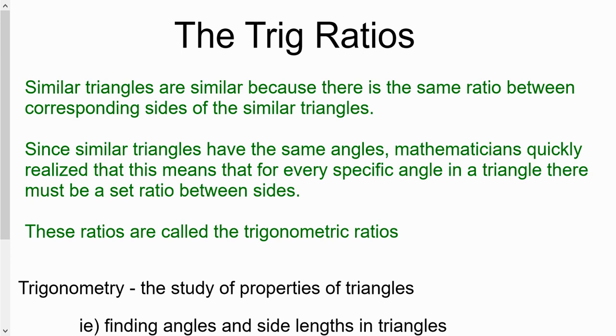When we have triangles, we can have things called similar triangles. What that means is there's the same ratio between corresponding sides. So I could have a triangle that's long on the bottom, short on the side, and of course the hypotenuse is the longest side.